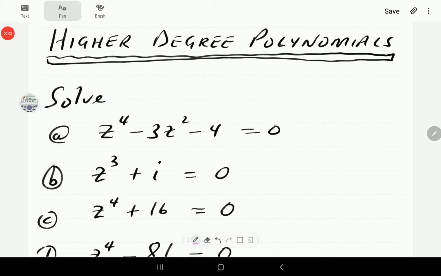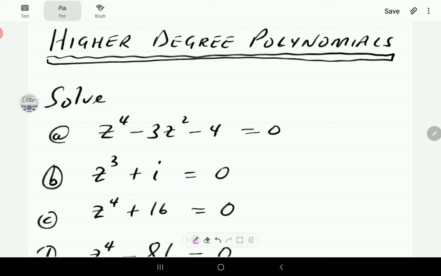Okay, this video is a continuation of our study on complex polynomial equations. In the previous video, we looked at how to solve quadratic equations that involve complex roots. Here we are going to take the study further, and look at higher degree polynomial equations.